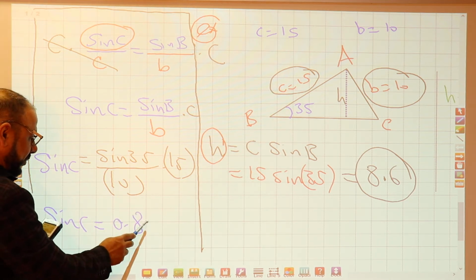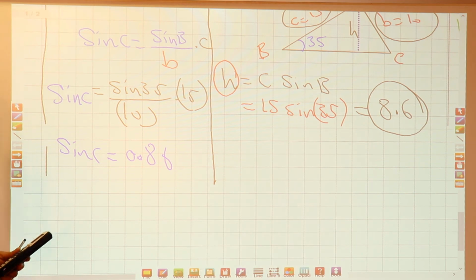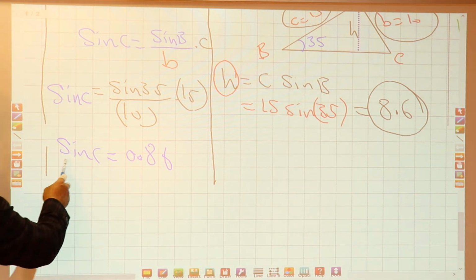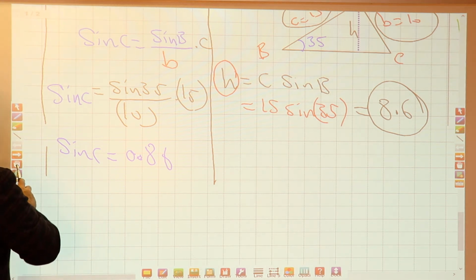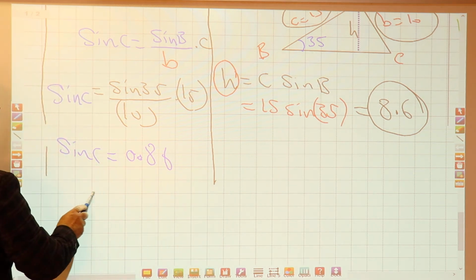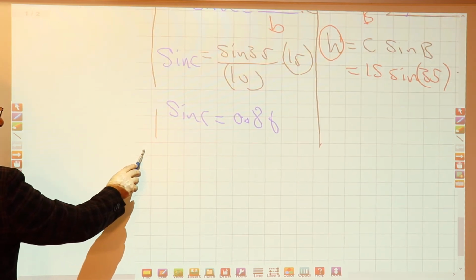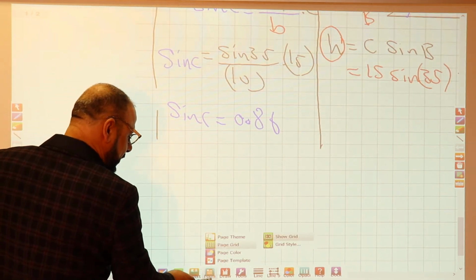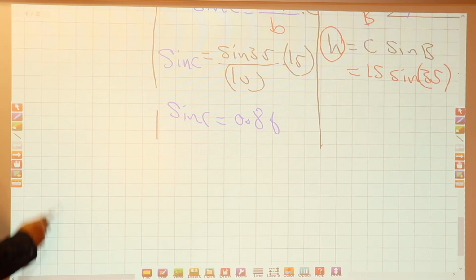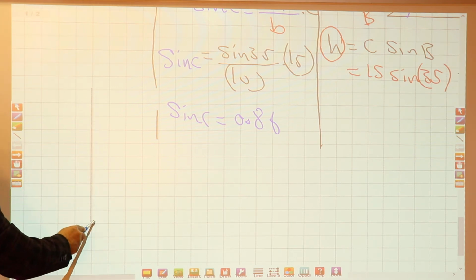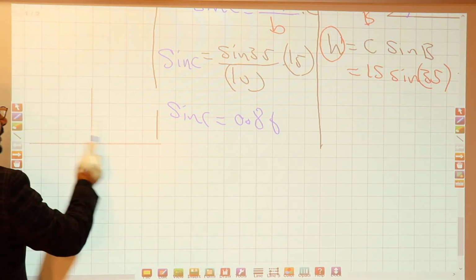When we have a trig equation, we have two answers because sine is positive in two quadrants.